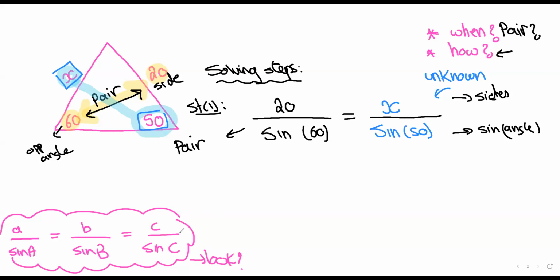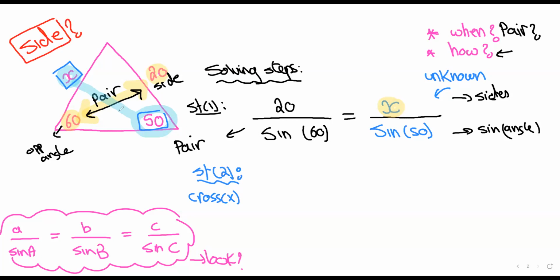Of course we will do another example. Now what is step number 2? Step number 2 is super easy, which is cross multiplication to find the value of your unknown, which is side x. Remember that in this example, a side is required.